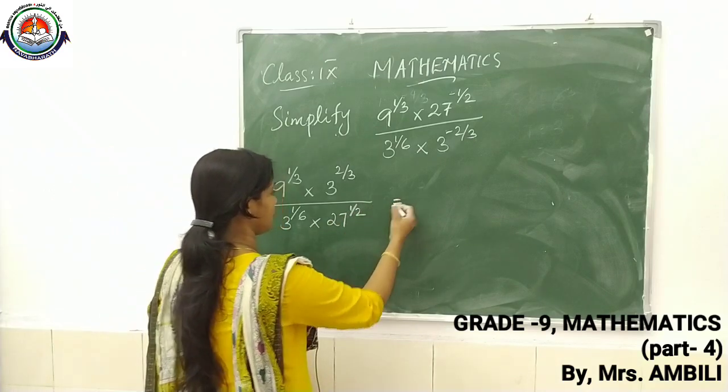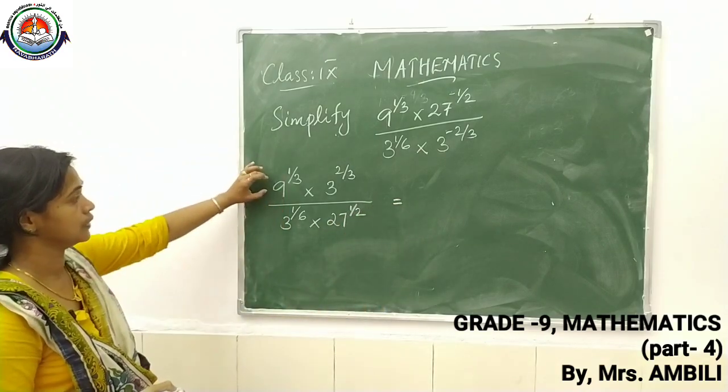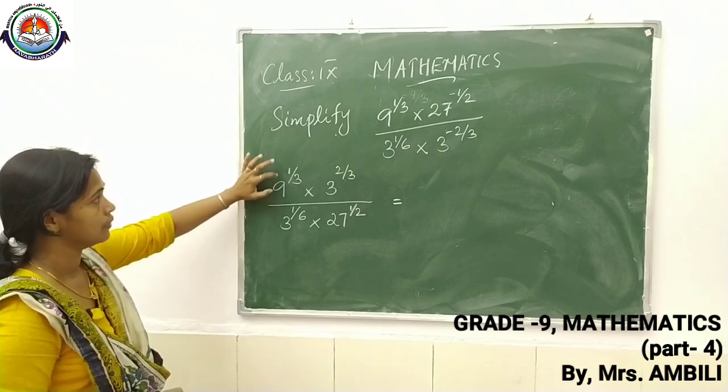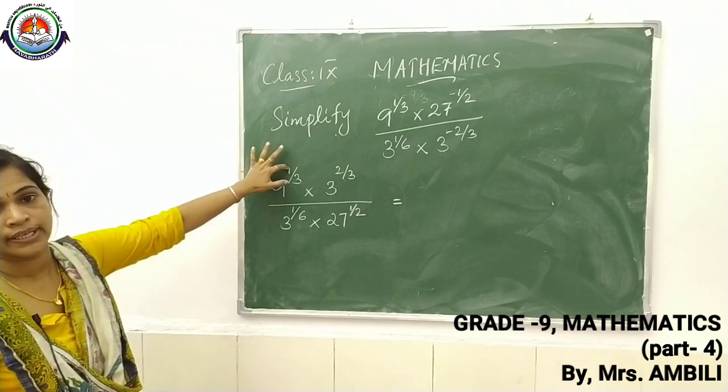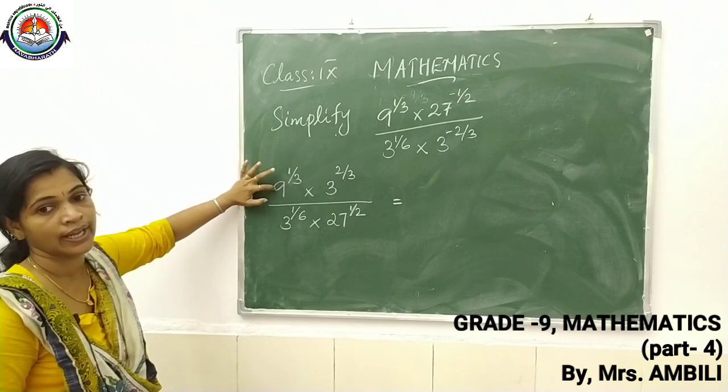Okay. Here you look, 9 raised to 1 by 3. How can we write 9?